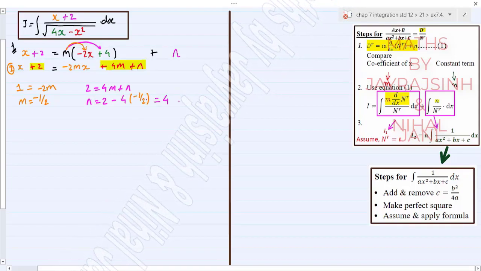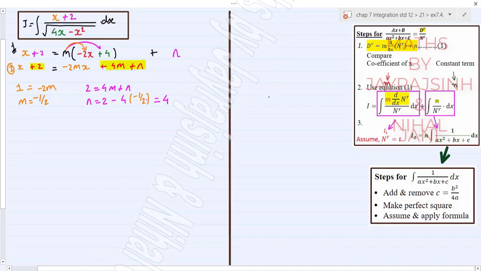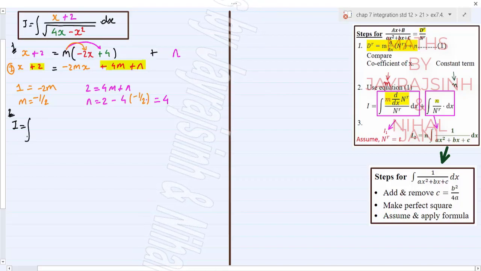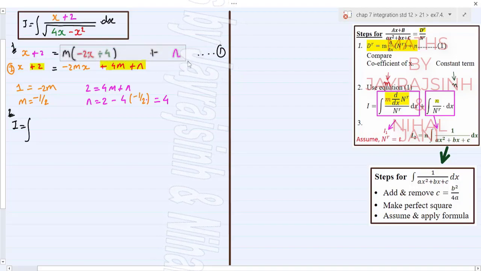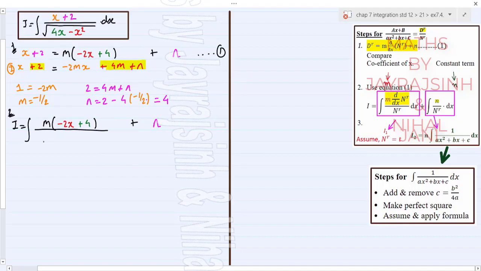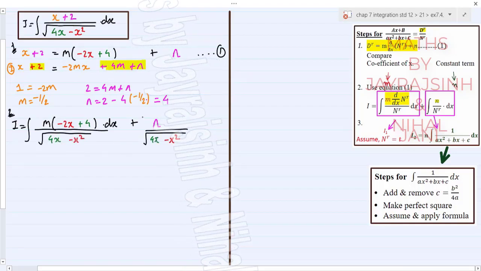So we will get n is equal to 4. So here we complete our first step. Now in the second step, we have to separate our numerator using the first equation, and give individual denominators and individual integrations.